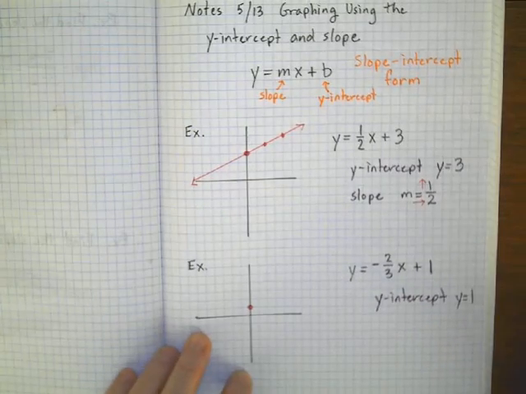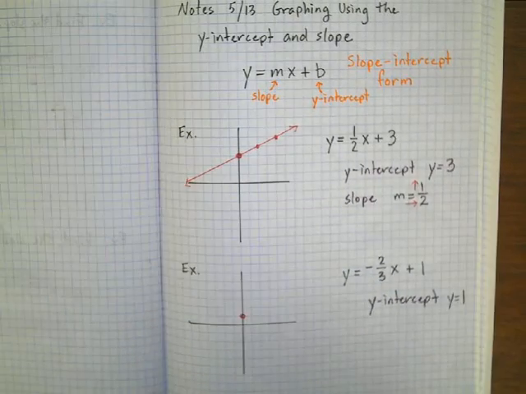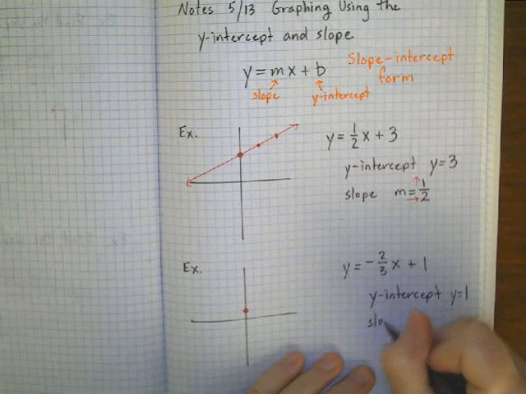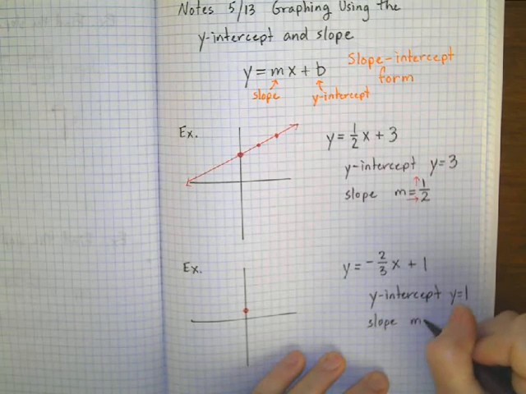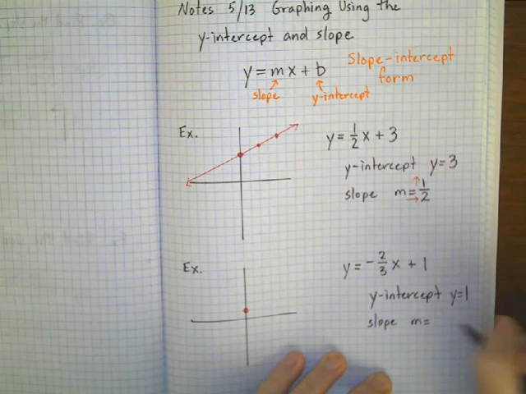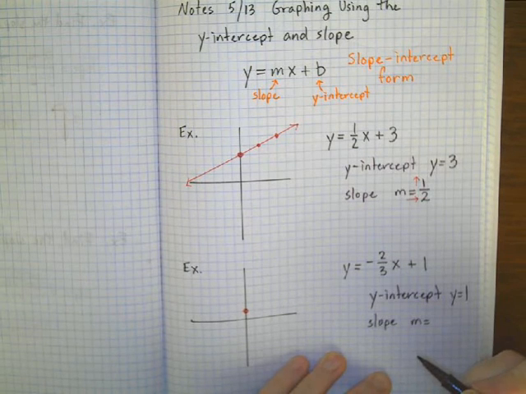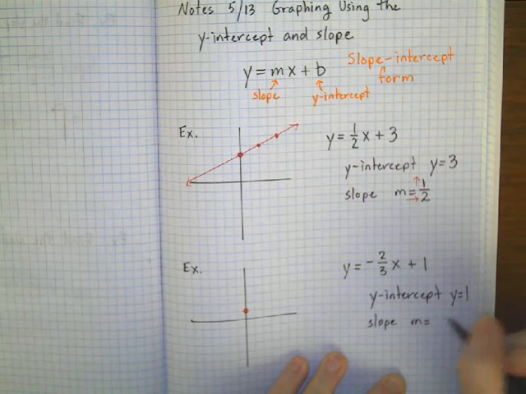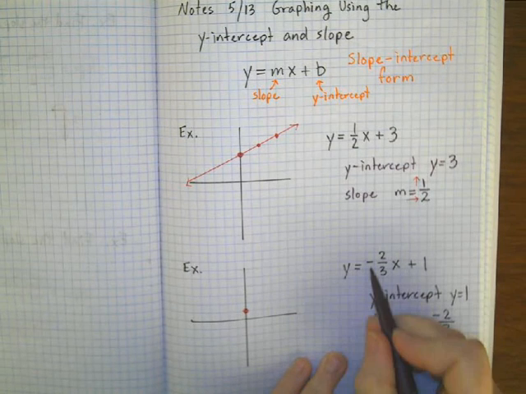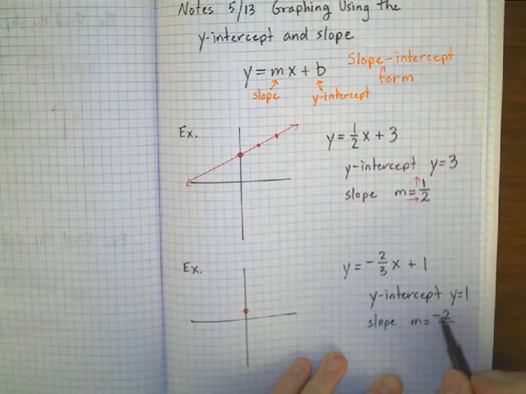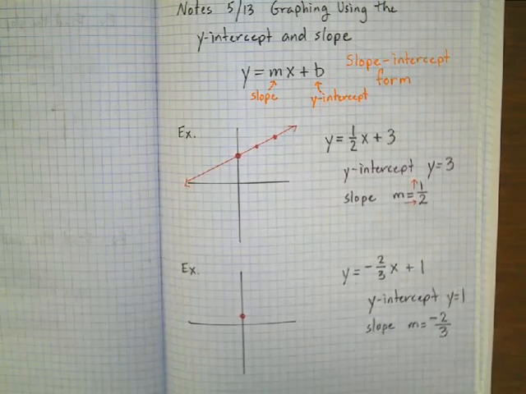Okay, and then what's my slope? My slope is the number with the x. Notice it's negative. When the negative sign is there, I like to move it to the top number. I like to write it as negative 2 over 3. So if it's right in the middle, just move it up top, negative 2 over 3.